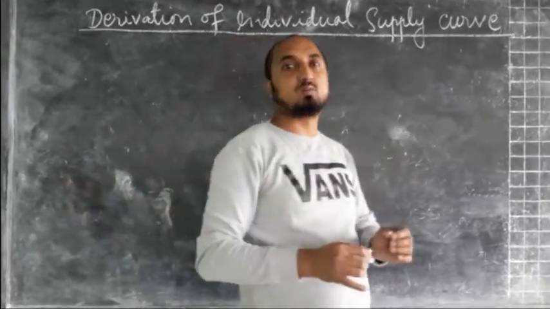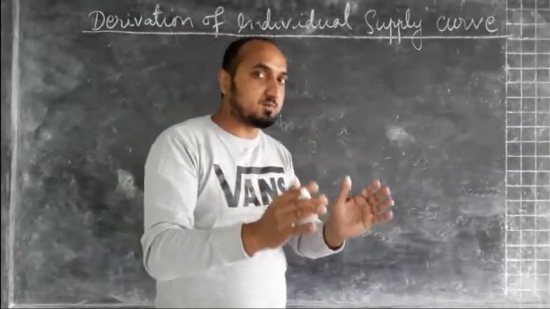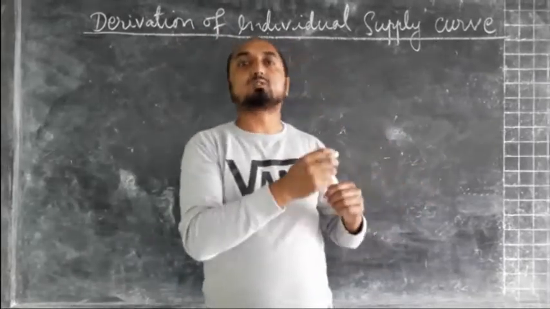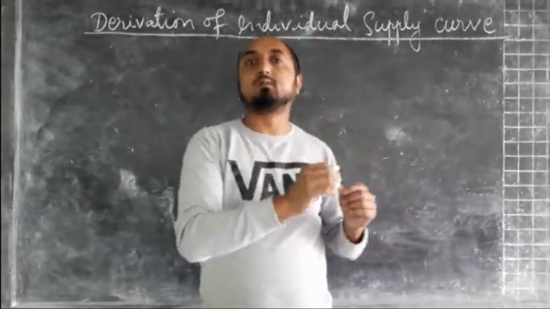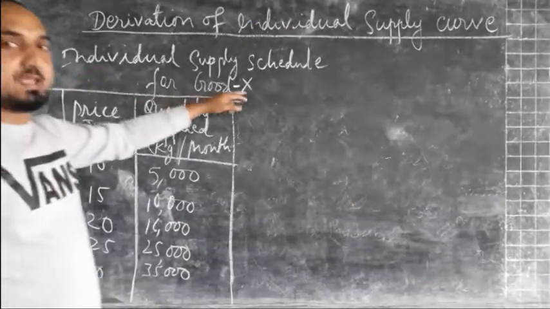So first I will start with individual supply curve, and for that we can follow the same schedule used while defining the individual supply curve. Now the individual supply schedule for good X is given.